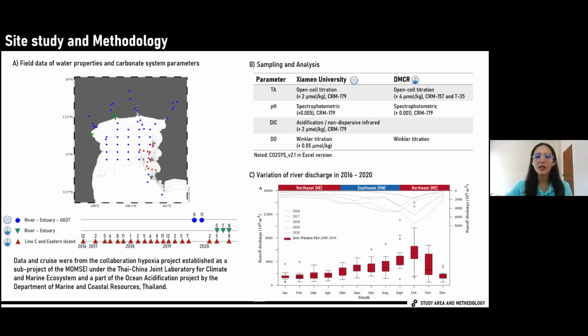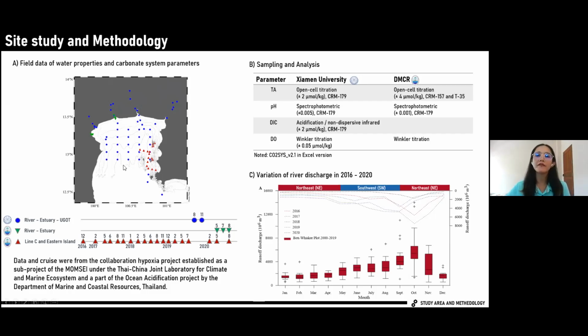Under the collaboration of the Thai-China Joint Laboratory for Climate Change and Marine Ecosystem, this includes the hypoxia project established under a sub-project of the MUMSI in 2019, and hypoxia project data and ocean acidification project data from the Department of Marine and Coastal Resources from 2016 and 2020. This is shown in the big figure.